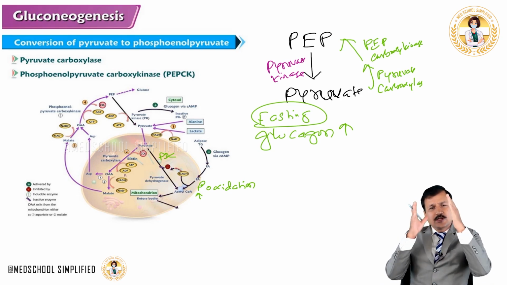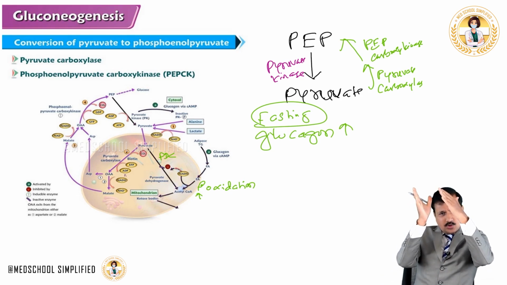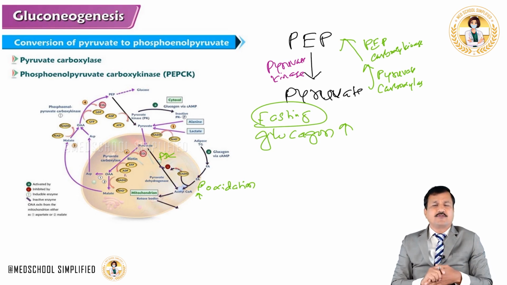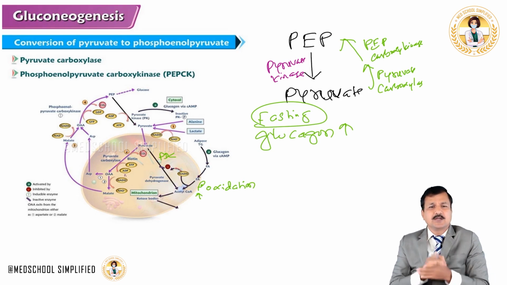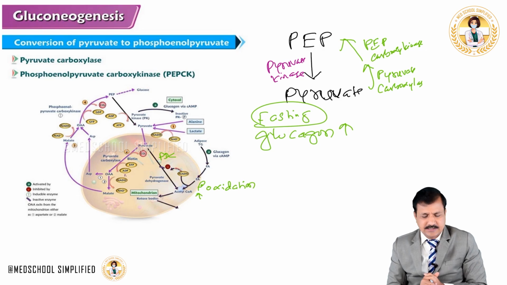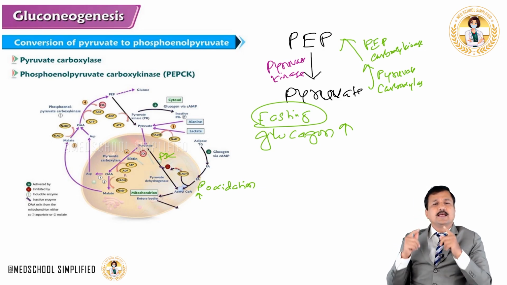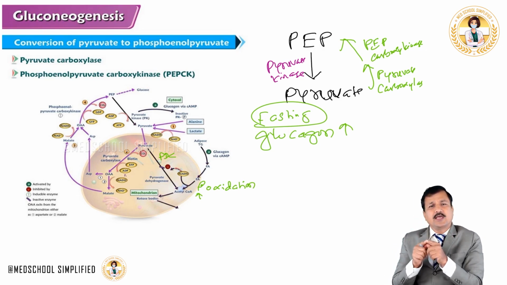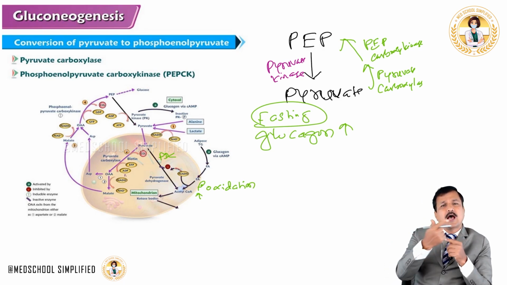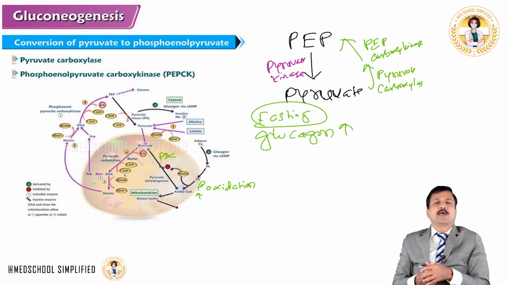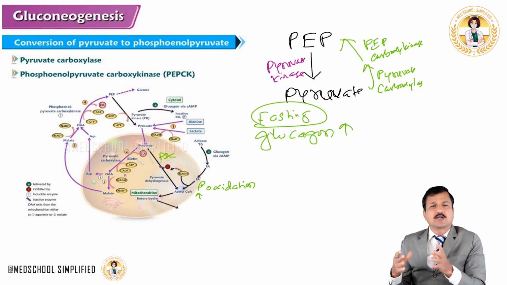So what will happen? Now the only way for pyruvate is to go towards oxaloacetate formation, and that is done by the pyruvate carboxylase enzyme. Also importantly, the elevated acetyl-CoA in the mitochondria will have a positive effect on pyruvate carboxylase itself. So acetyl-CoA is a positive allosteric modulator of pyruvate carboxylase, which is a gluconeogenic enzyme.